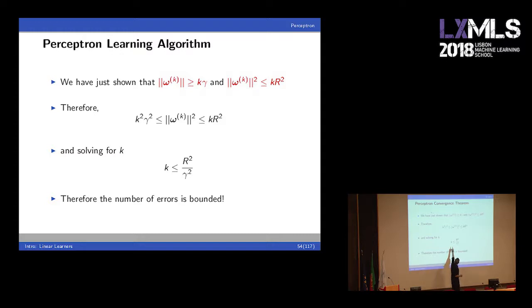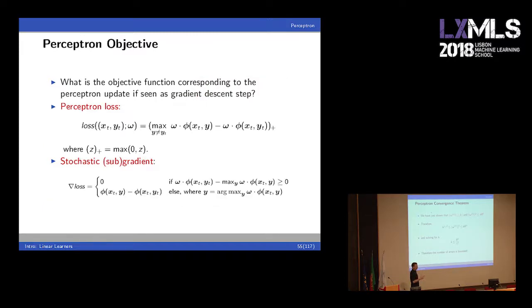We can just solve for k in this term above, and what we get is k is less or equal than r squared divided by gamma squared. k was our counter of errors. So we only updated k if we made an error, a mistake during training. And what we say here is k is less or equal to r squared over gamma squared. So if we maximize gamma, then the number of errors will be small.